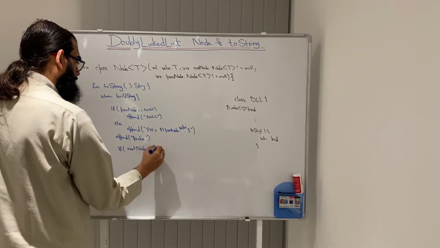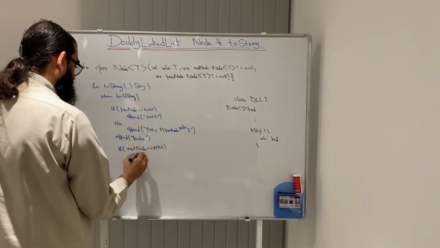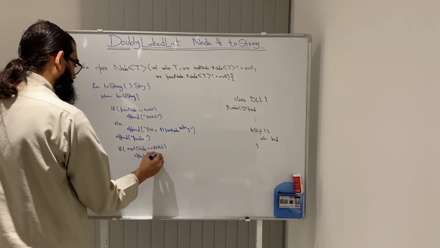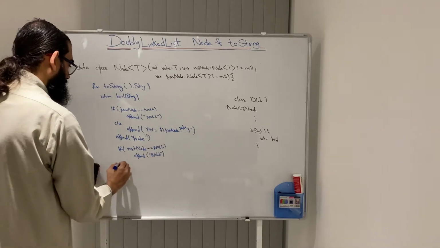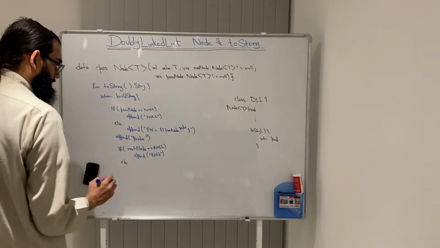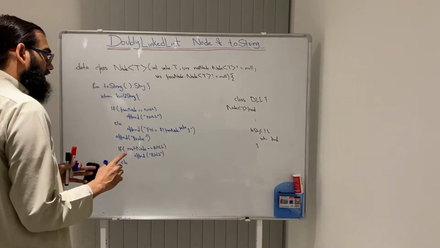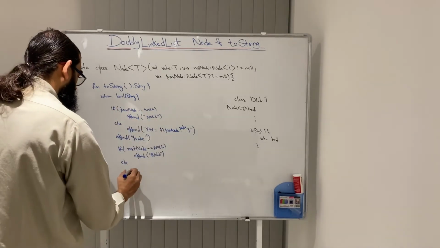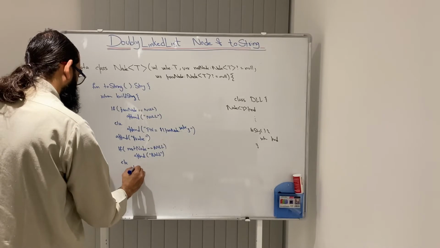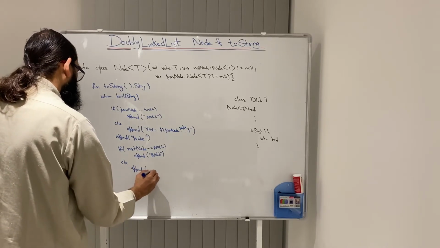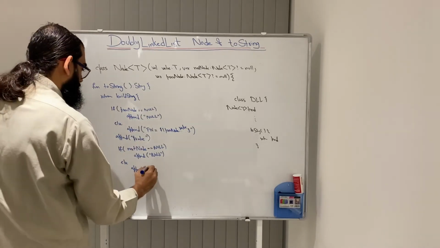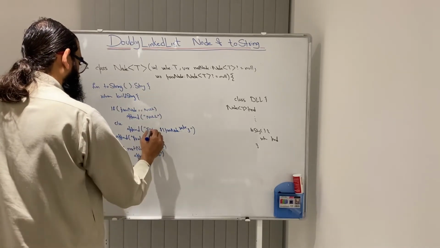Next node equal to null. If you are null, then append null. Else, in case of else, what I am looking for, I'm saying now start the recursion, and in that case what I will say, okay, append. One thing, to print format properly, I will say okay, next node.